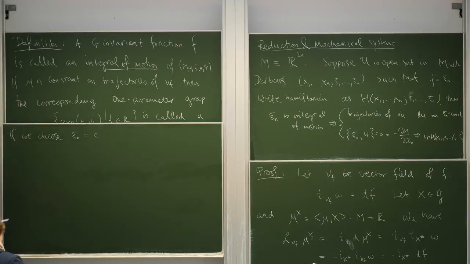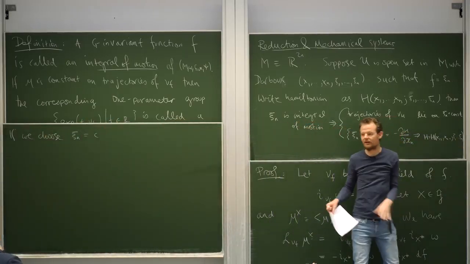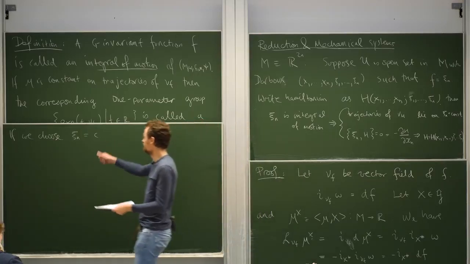So we know that the dynamics lies on this hyperplane psi n is constant. So we're just going to choose a value now for psi n. Let's call it c.